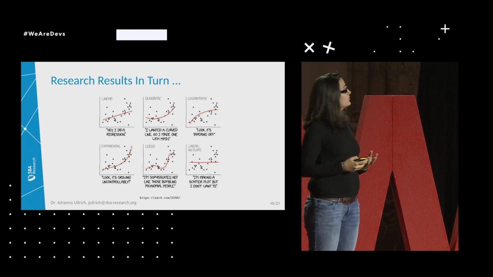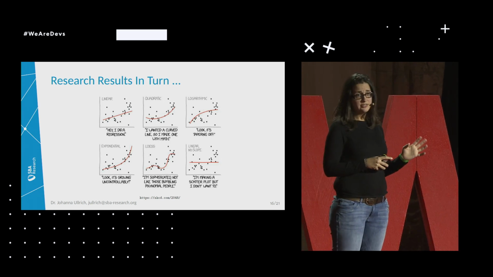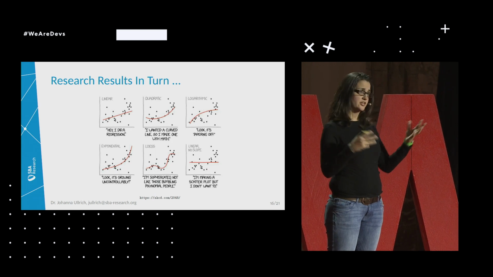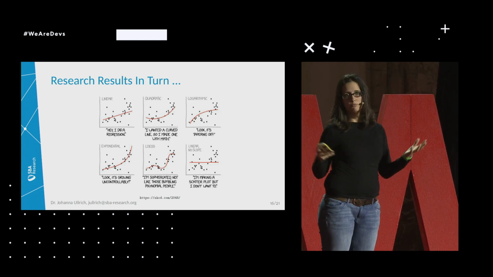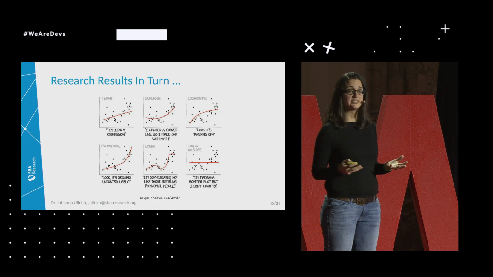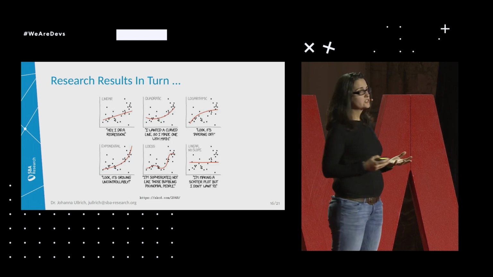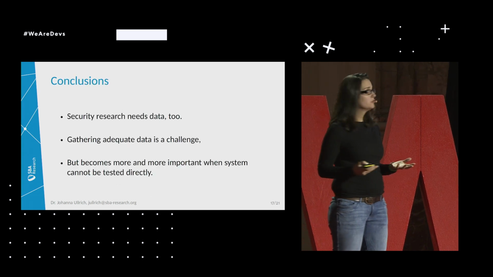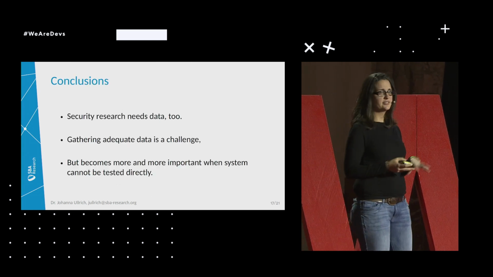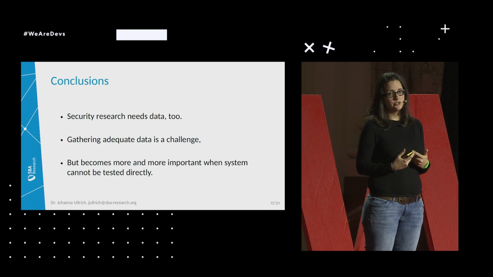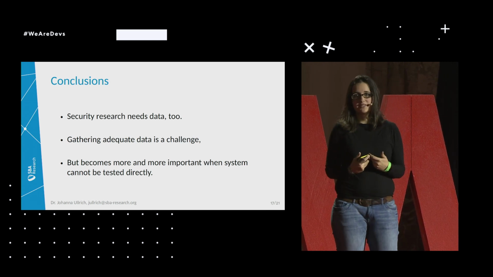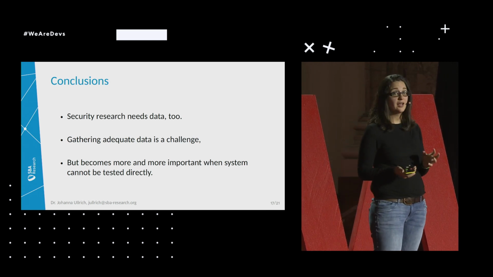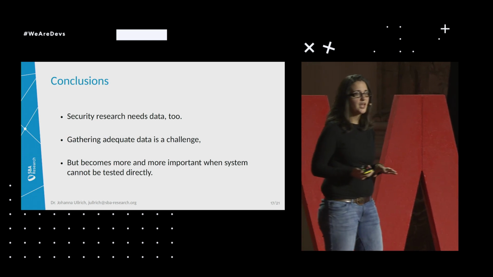Good. So I was now in a totally different topic, as I assume you're all more or less developers, as the conference name indicates. So what are the conclusions for you? It's not only artificial intelligence that needs data, it's also us researchers. And the problem is that we usually have a lot less money than you.